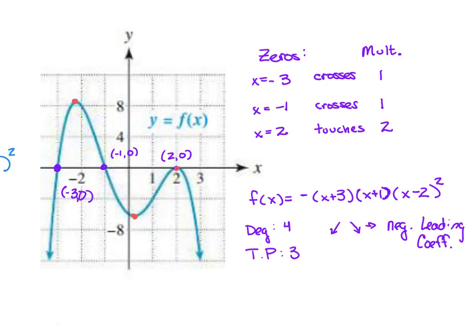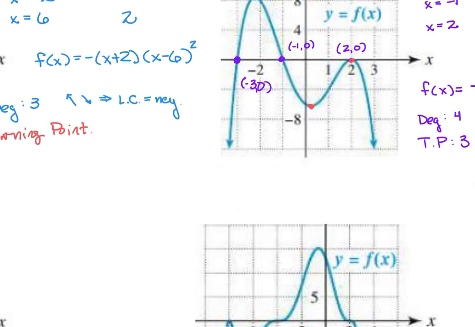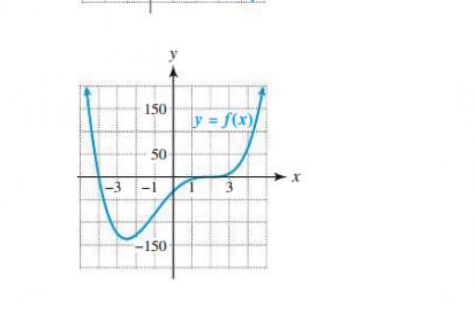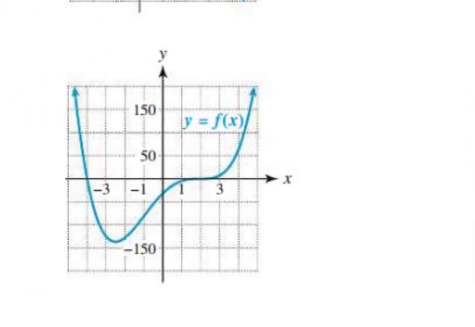All right, that takes care of this one. Let's look at a couple more. Let's go ahead and look at the third one. We want to start by finding our x-intercepts. We have an x-intercept at -4, which means that we have a 0 of x equals -4.